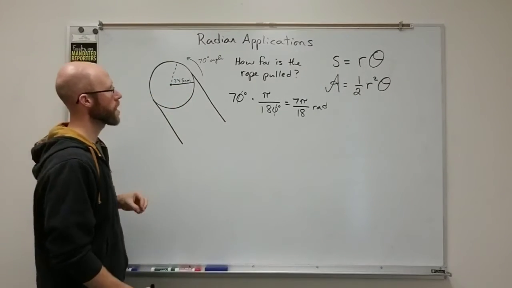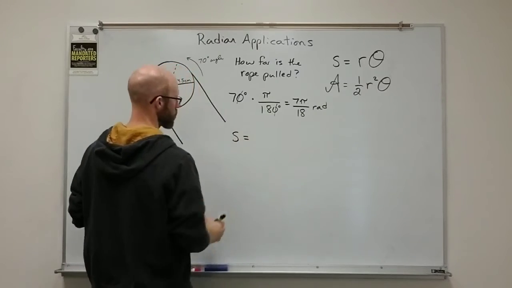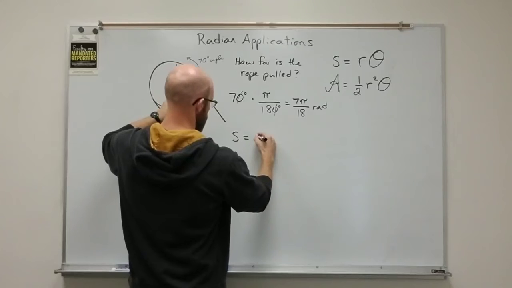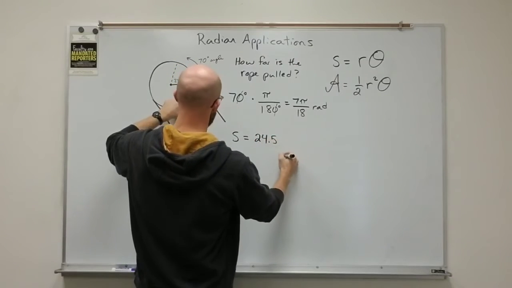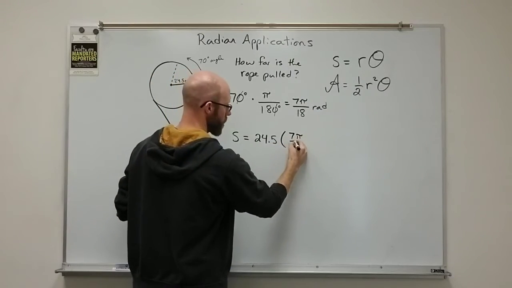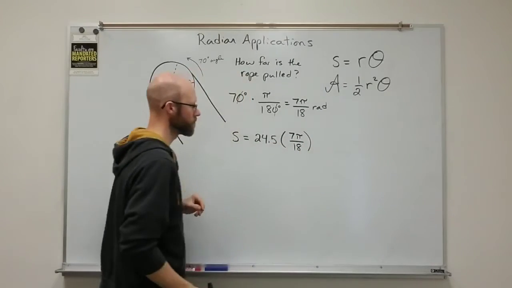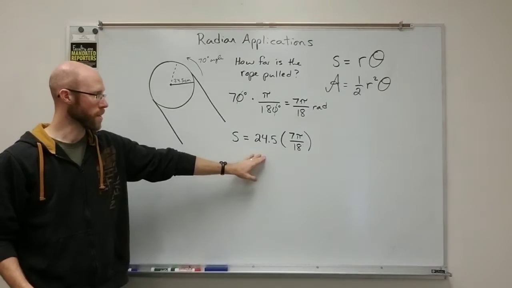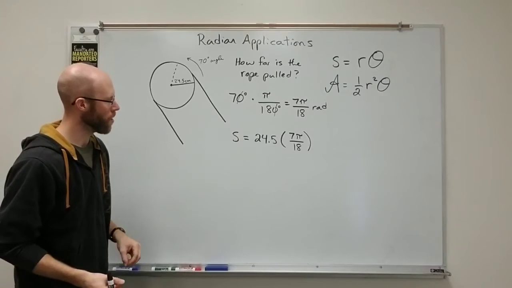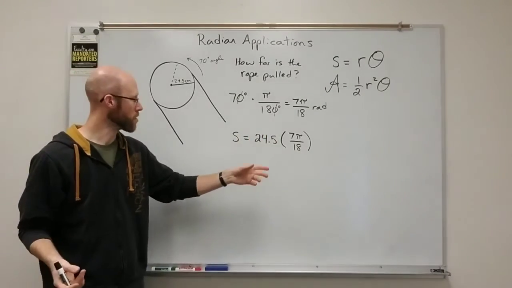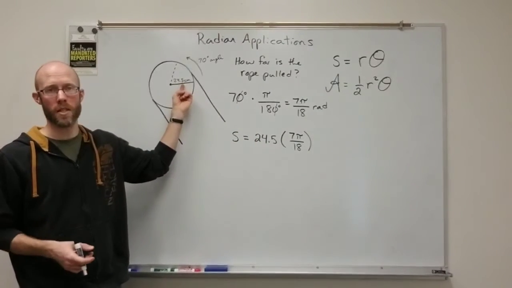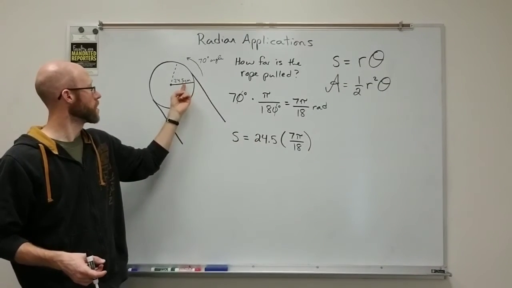Now I have my arc length S is equal to the radius, which is 24.5, multiplied by my angle theta, which is 7 pi over 18. Now I'm going to punch this in the calculator. We're getting an approximate value here, and I should probably round to the nearest tenth, because I've got the centimeters measured in tenths of a centimeter.